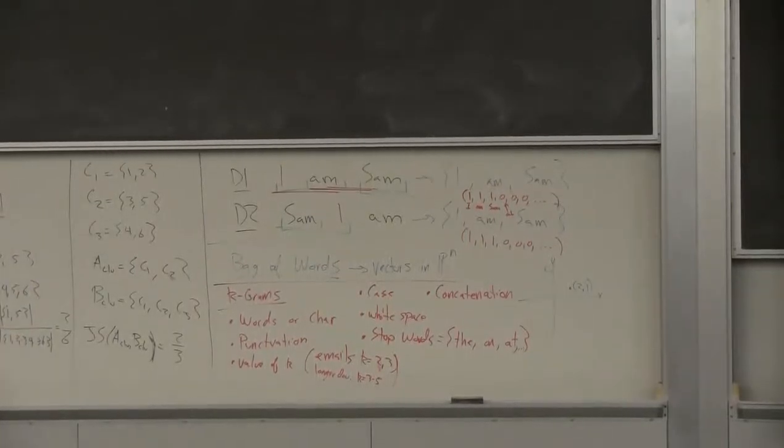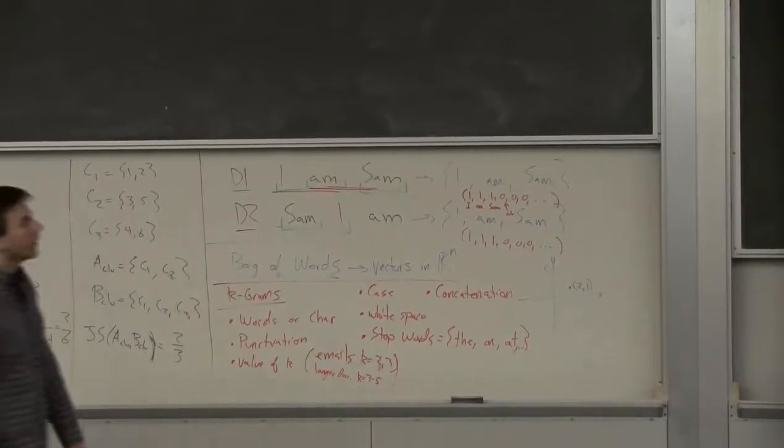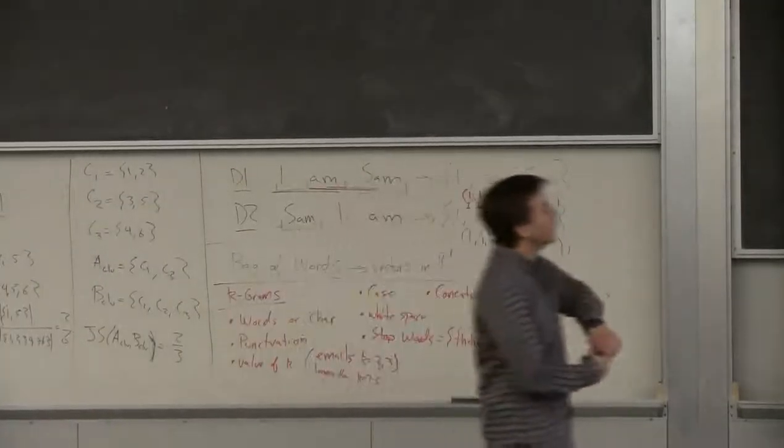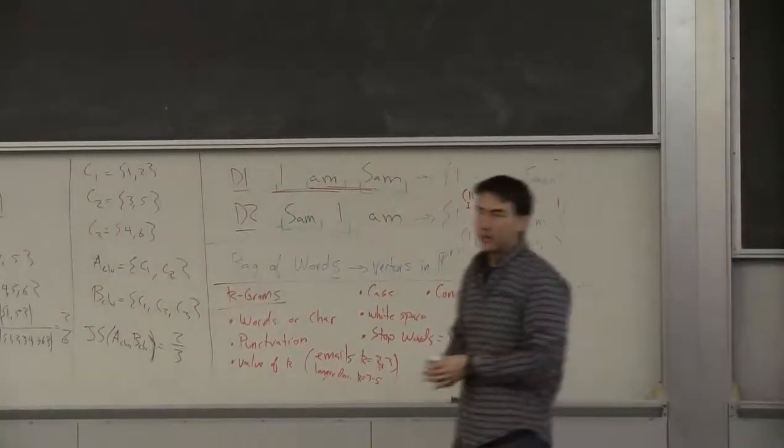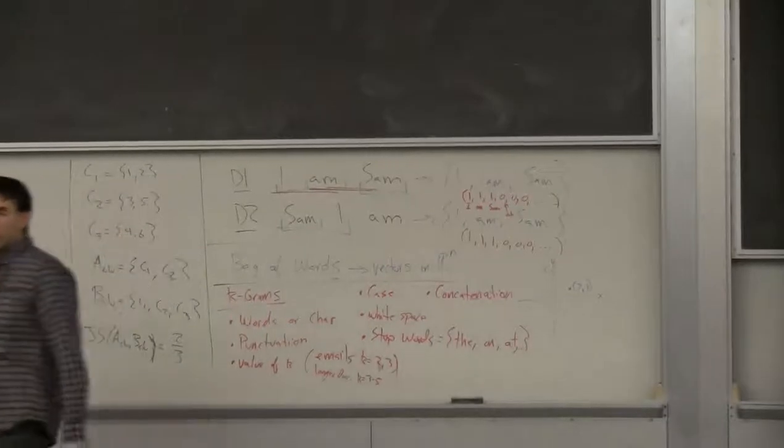Right? So if I go back to this example here, I had this k-gram with Sam go across the two documents, where I treated each line as a single document. I could have also treated them as individual documents. So you can make a choice there as well.